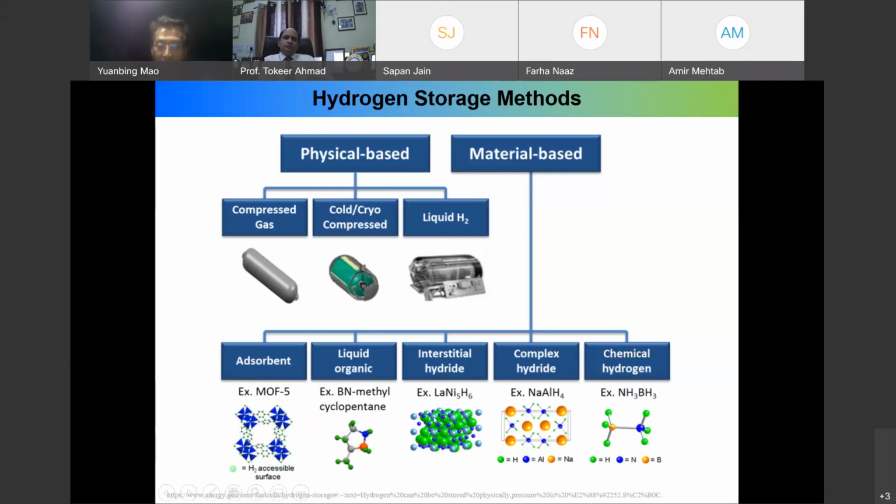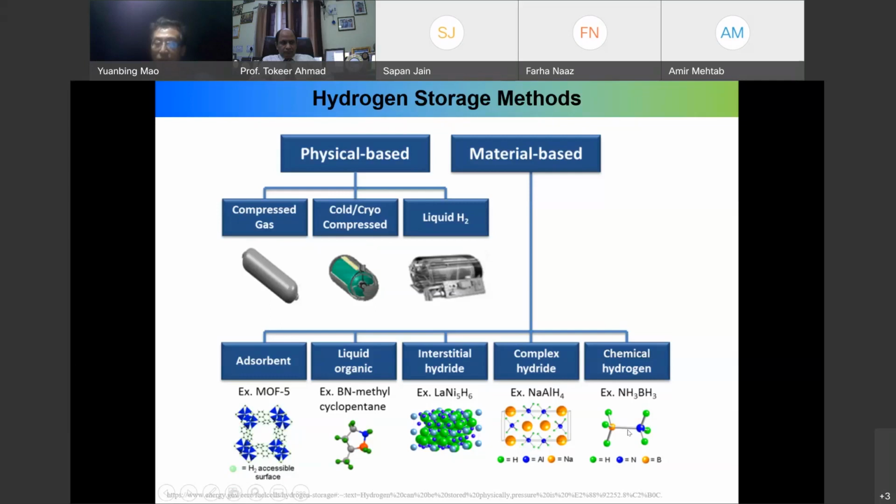So basically, these are crystals, but because of their unique alloys and unique elements, they can form hydrides and store the hydrogen there. And then there are complex hydrides as well. And then there is chemical hydrogen. You can see this molecule. The major part of it is hydrogen.